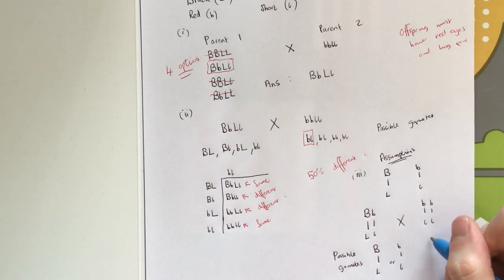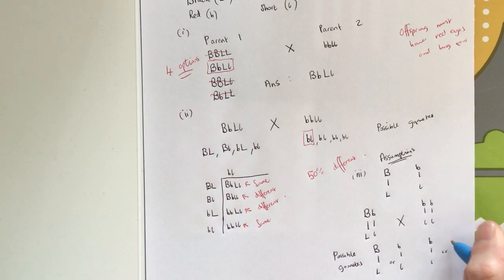For the second parent, you're going to have small b, small l, or actually it's exactly the same, small b, small l. Okay, when you look at the crosses, so genetic cross, and you're looking at the offspring genotype. Big B, big L could go with small b, small l.